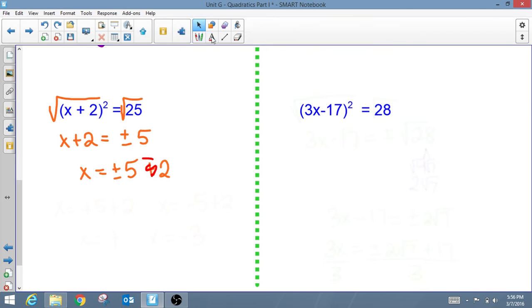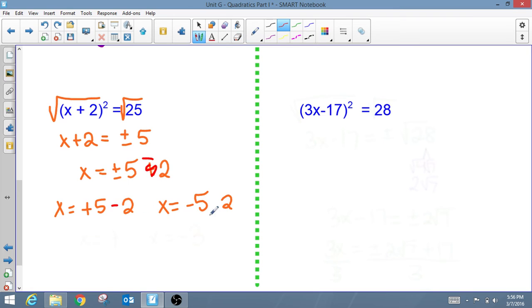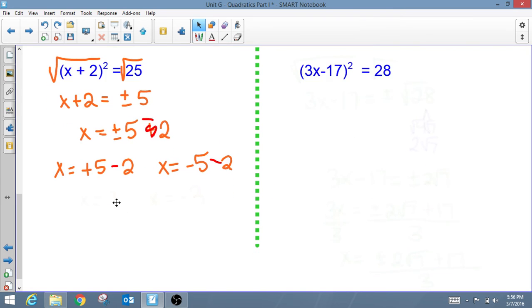So when we are looking at this problem, we can't really know what to do if we have plus and minus 5 minus 2. So what we need to do is break this down into two separate problems. And there's that plus again, so let's change that to minus, because that's what it should have been. And then we will get x equals positive 5 minus 2, and x equals negative 5 minus 2.